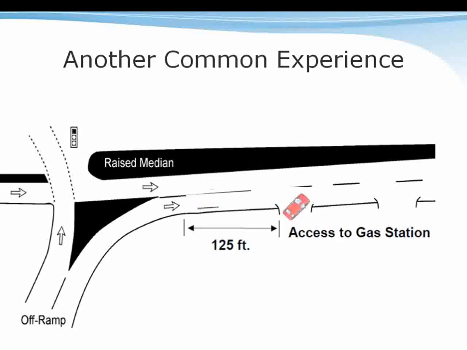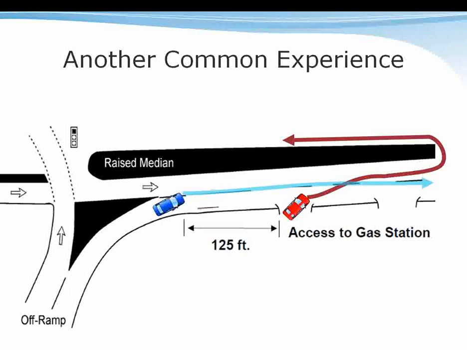Another common experience is the person leaving the corner property and wanting to make a U-turn. However, people going off of the off-ramp from a freeway have a tendency to be driving fairly fast, and then this is another major conflict.